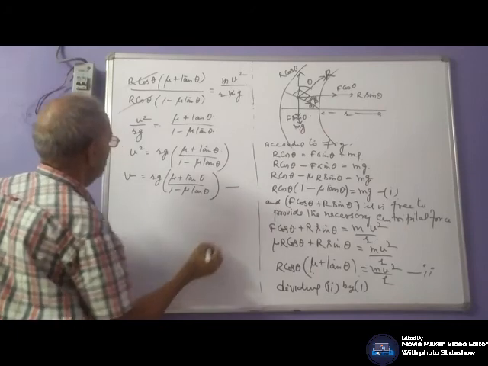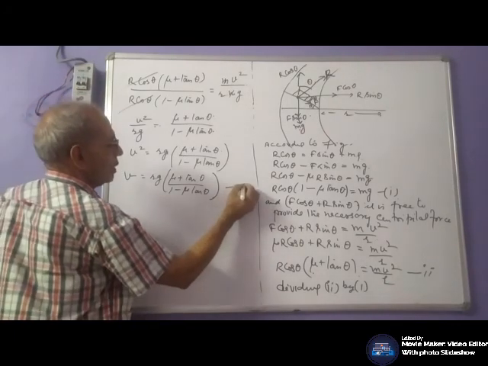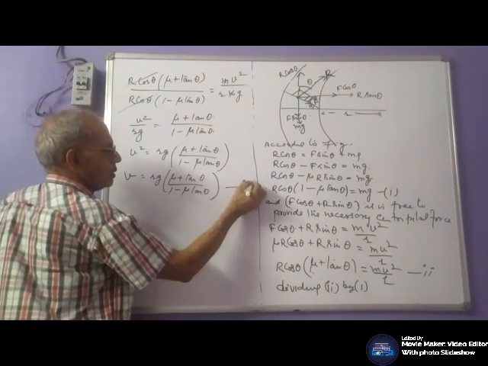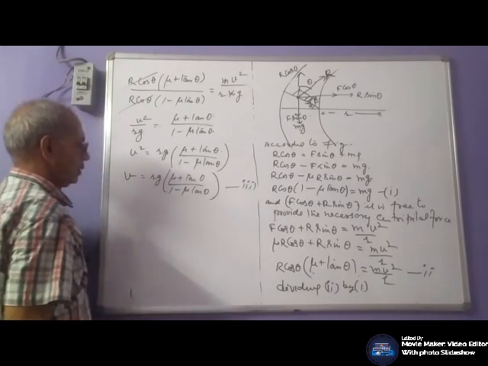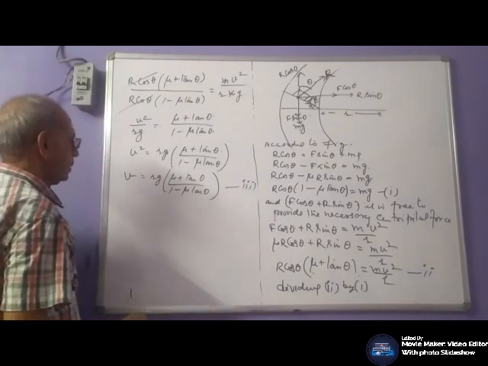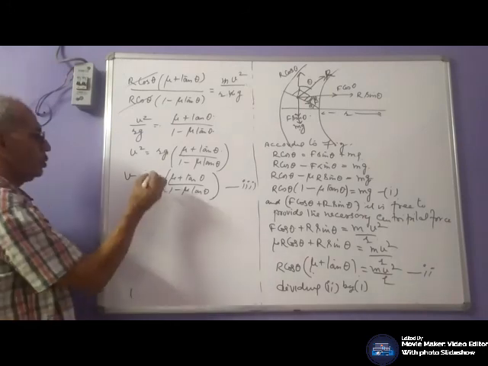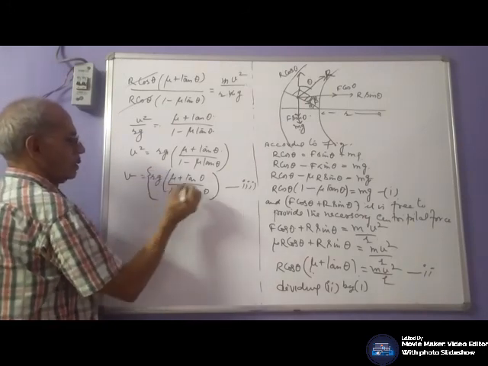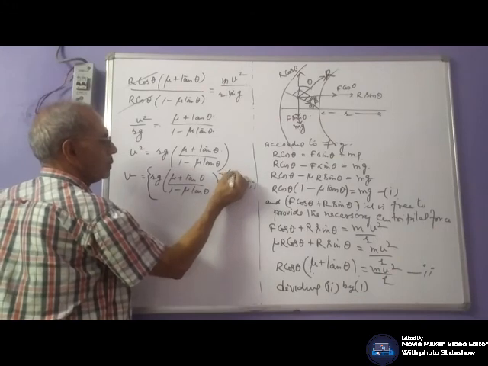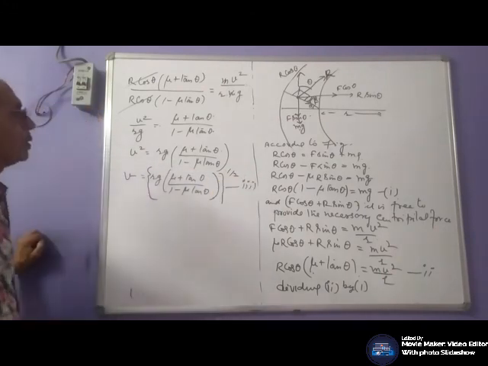Number is third. So this is under the root. This is the velocity of the vehicle, the maximum velocity of the vehicle on a rough banked road.